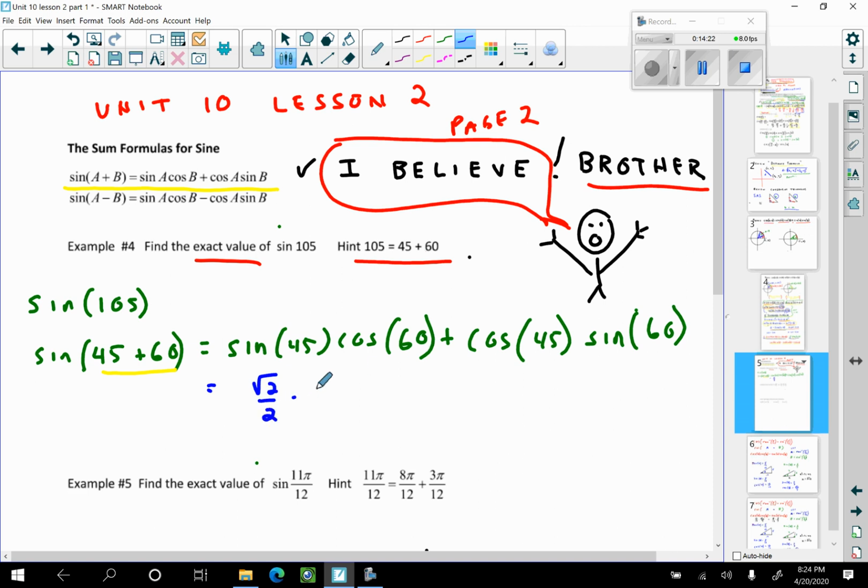And I know the cosine of 60 is 1/2, and the cosine of 45 is square root of 2 over 2. We know that. And the sine of 60 is square root of 3 over 2. These values come up a lot in our examples. In the assignment, they won't be this clean, but this is still a good example for what we're doing here.